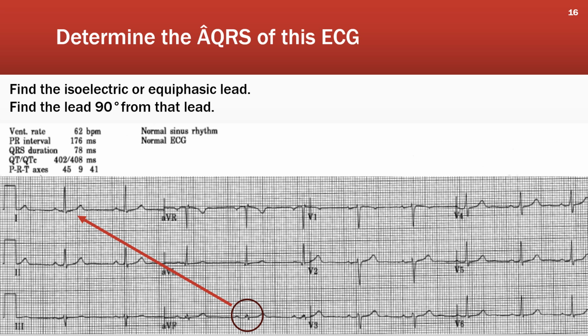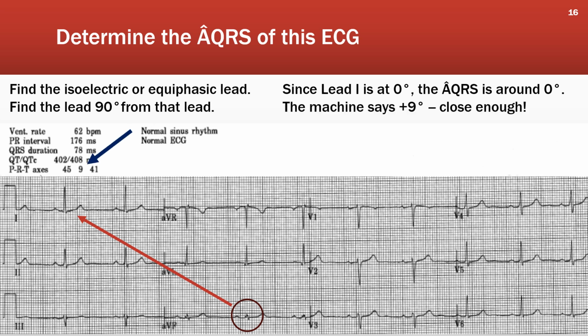So the lead that is 90 degrees from AVF is lead 1. Since lead 1 is at 0 degrees on the hexaxial reference grid, the mean QRS axis in the frontal plane is around 0 degrees. The machine says it's plus 9 degrees, and that's certainly close enough.